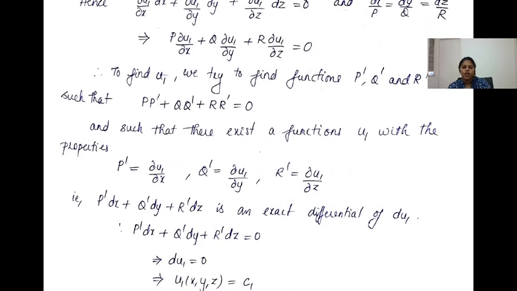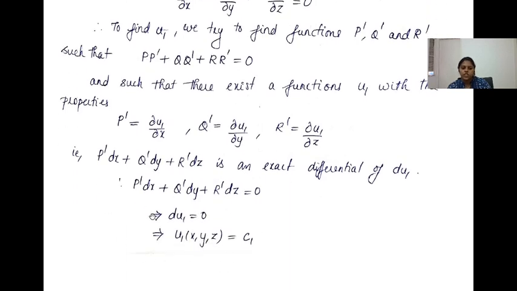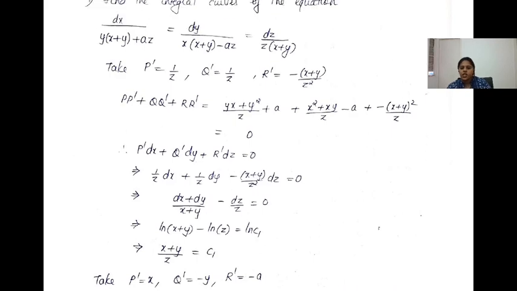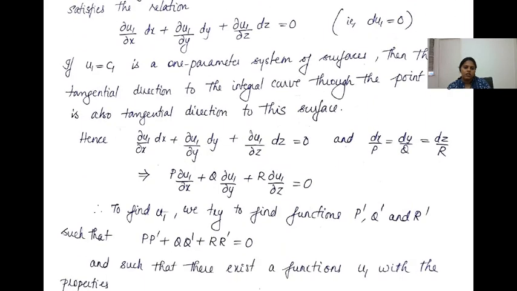Therefore, for finding the solution u1 equal to c1, we need to find the exact differential for the equation p dash dx plus q dash dy plus r dash dz equal to 0. That will give the first solution u1. Similarly you can choose a second set of multipliers, say p1 dash, q1 dash and r1 dash, which will be dou u2 by dou x, dou u2 by dou y and dou u2 by dou z. That is basically the method of multipliers.